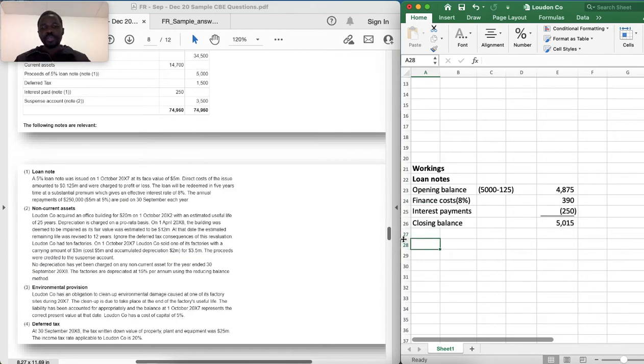Note number 2, we are given non-current assets. The first non-current asset that we see here is the office buildings. Opening carrying value.